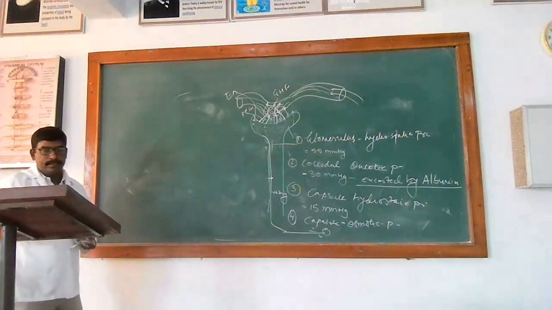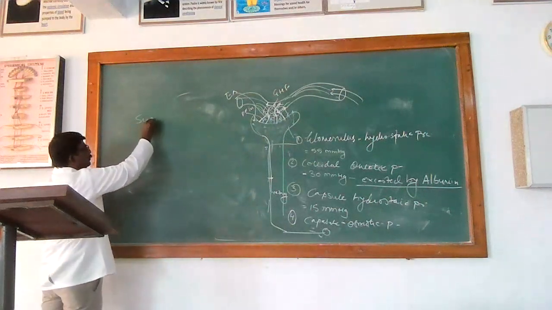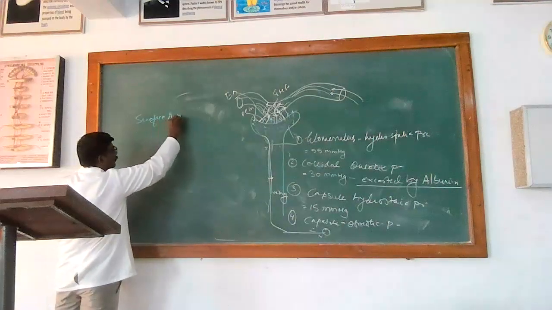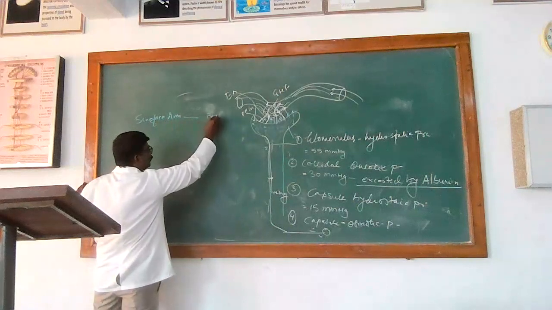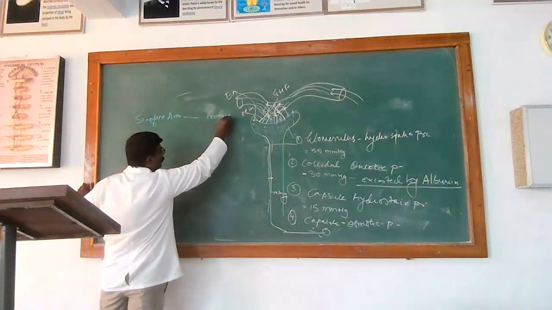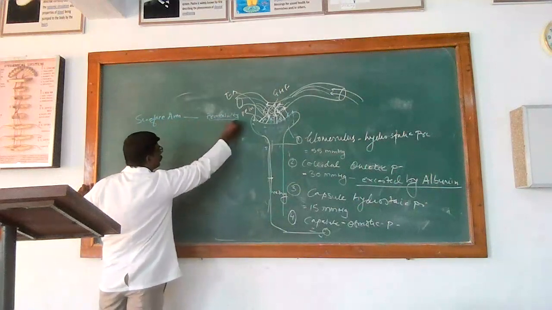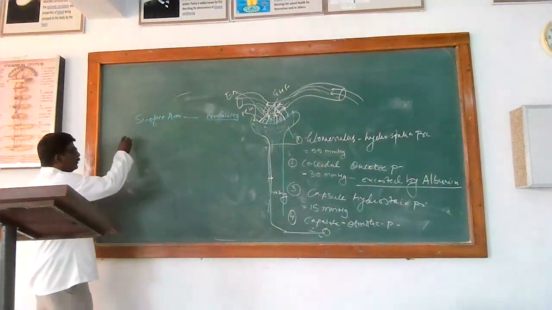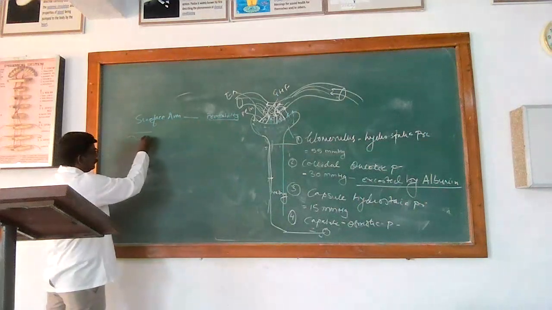First is the surface area and permeability. Surface area and permeability. So here I will draw this.